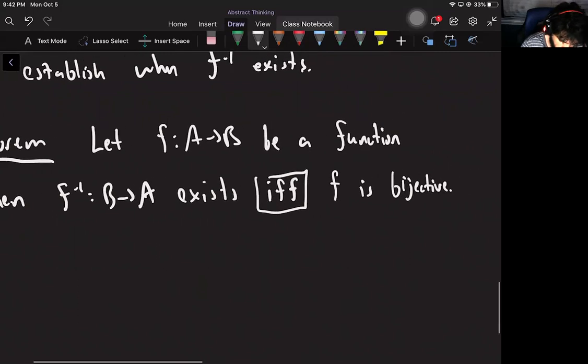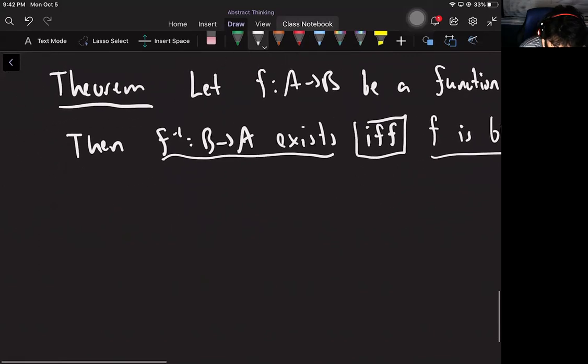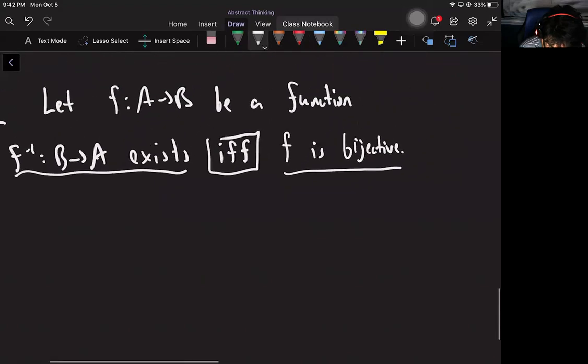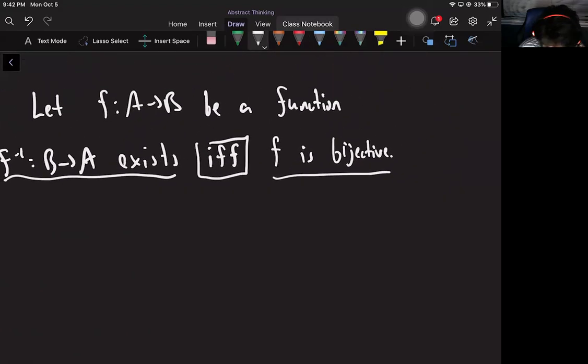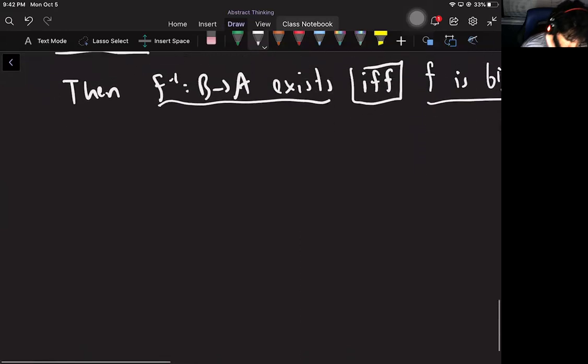You're saying that these two things are saying the exact same thing. And so the only way that the inverse can exist is if f is bijective. Of course, there are other ways to say f is bijective. You could say f is surjective and injective. That's also the same. But the point is, f being bijective has to happen somehow for f to be invertible, to have an inverse. Okay, so let's do the proof.